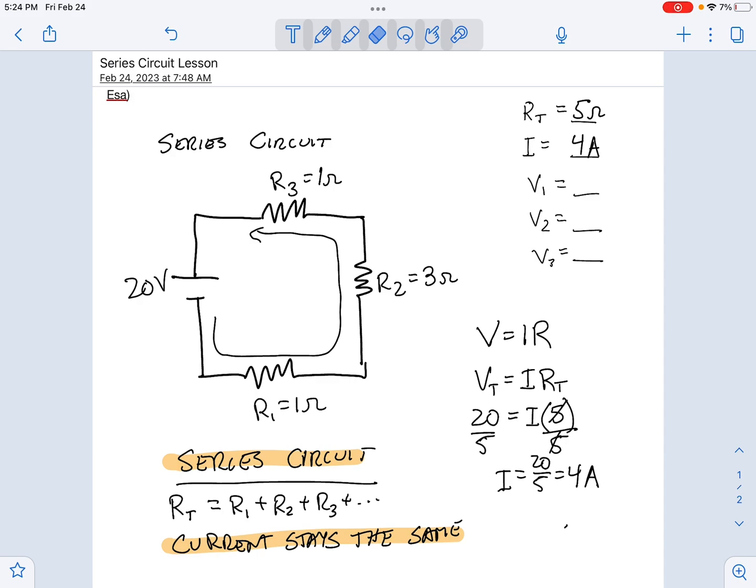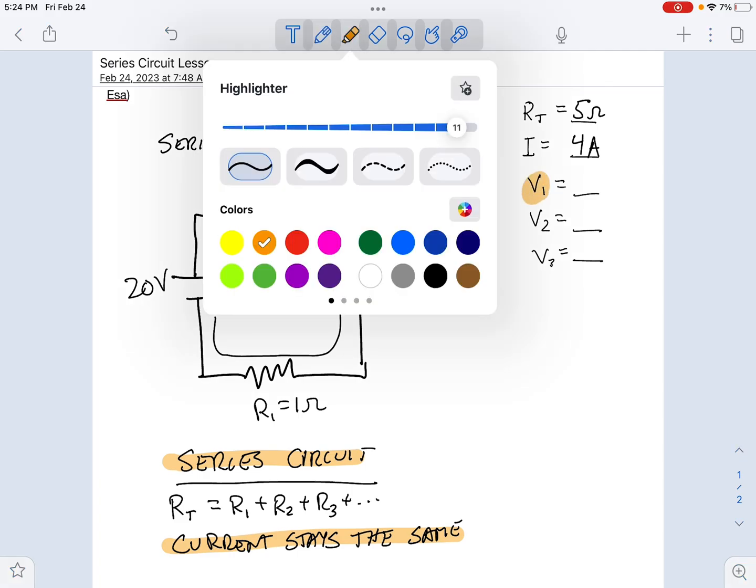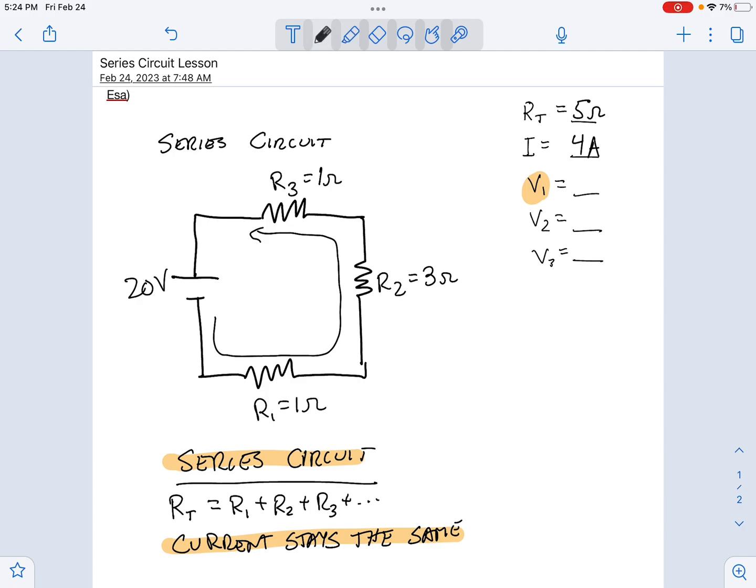Okay? So now I'm going to erase this down here to make room for our next thing. Now it's asking for V1 right here. Now that we've looked at the current, we already said that the current is the same everywhere.